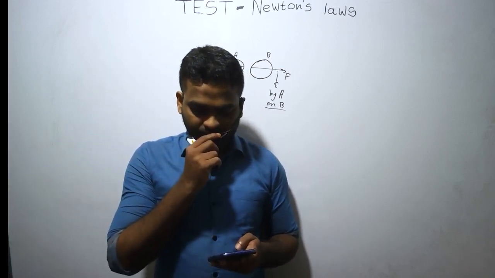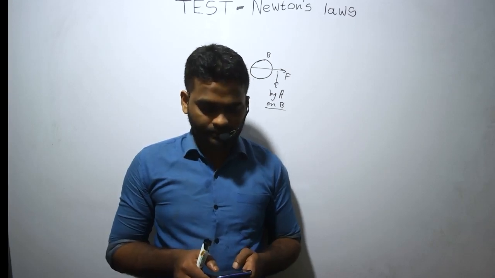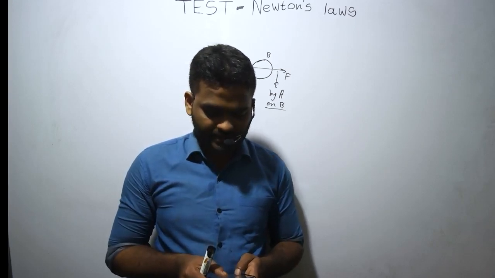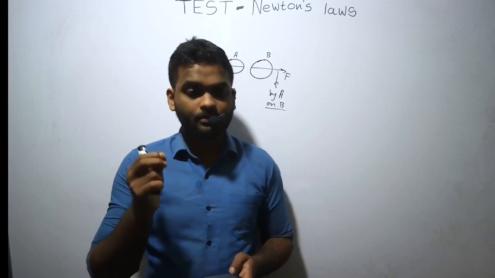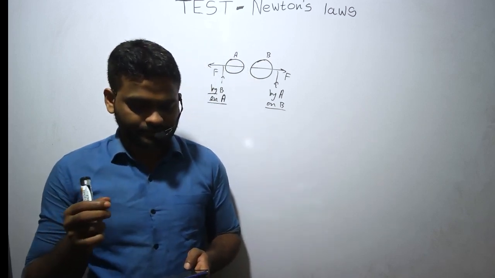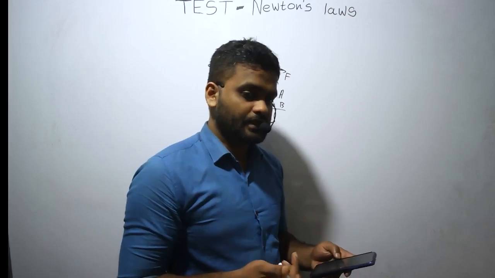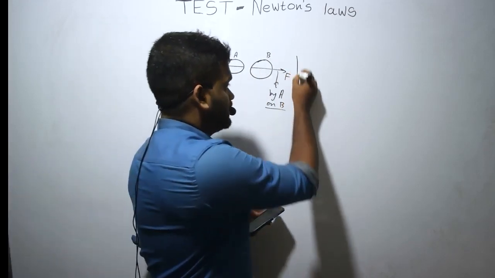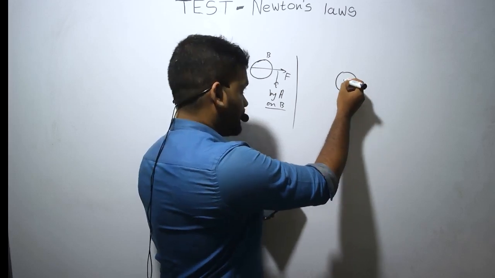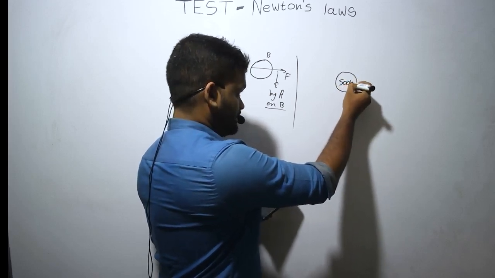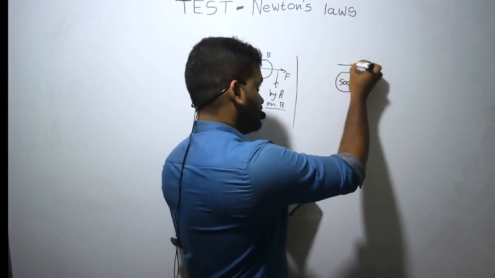As shown by the image, a roller weighing 500 kilograms, moving at a speed of 1 meter per second, hits a wall and stops within 0.5 seconds. So initially there's this object, and it has 500 kilograms.